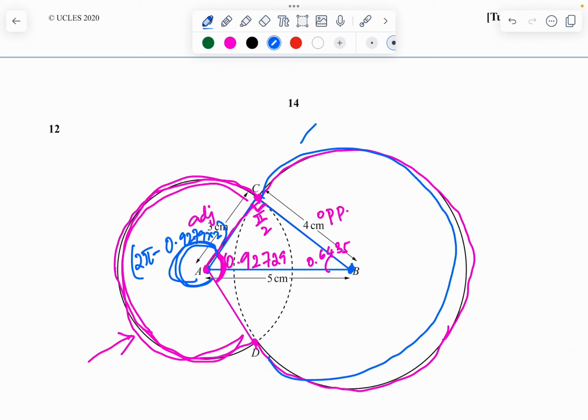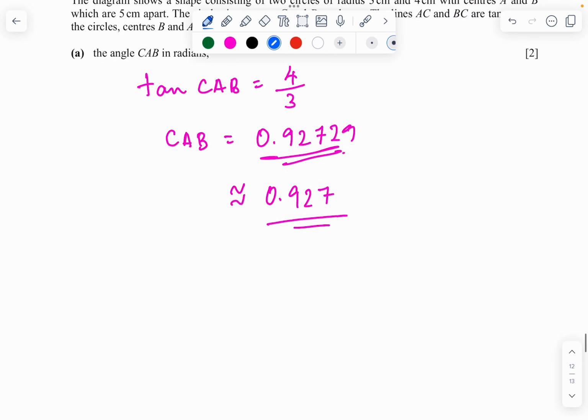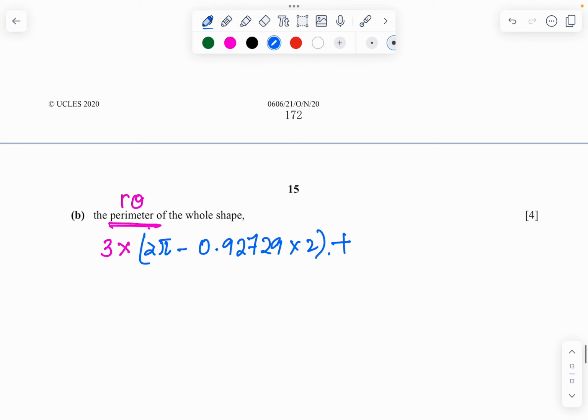Okay, and also this one is also a major sector. You see the major part. So reflex angle. What is the reflex angle here? Again same thing, 2 pi minus 0.6435 times 2. Okay, so I'm using the same thing, 4 times 2 pi minus 0.6435 times 2.